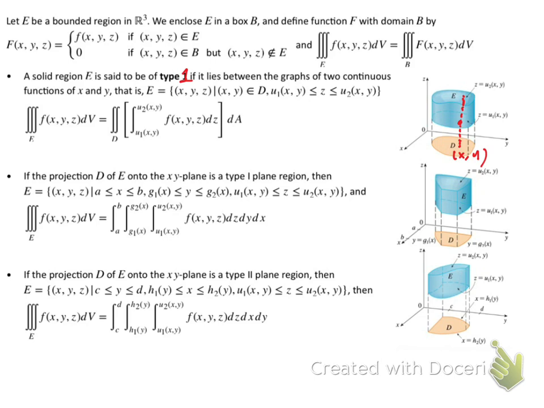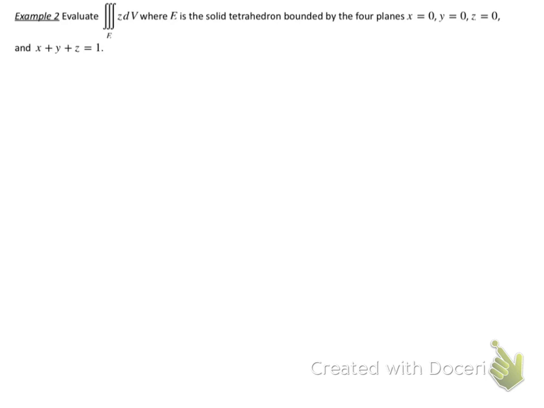So pretty much this is the idea. You need to imagine when you project E on xy, which means along z, or you project it on yz, which means along x, or on the xz plane, which means along y. When you smack the whole thing down, you know how the boundary is in a way. And then the projection is your D region.